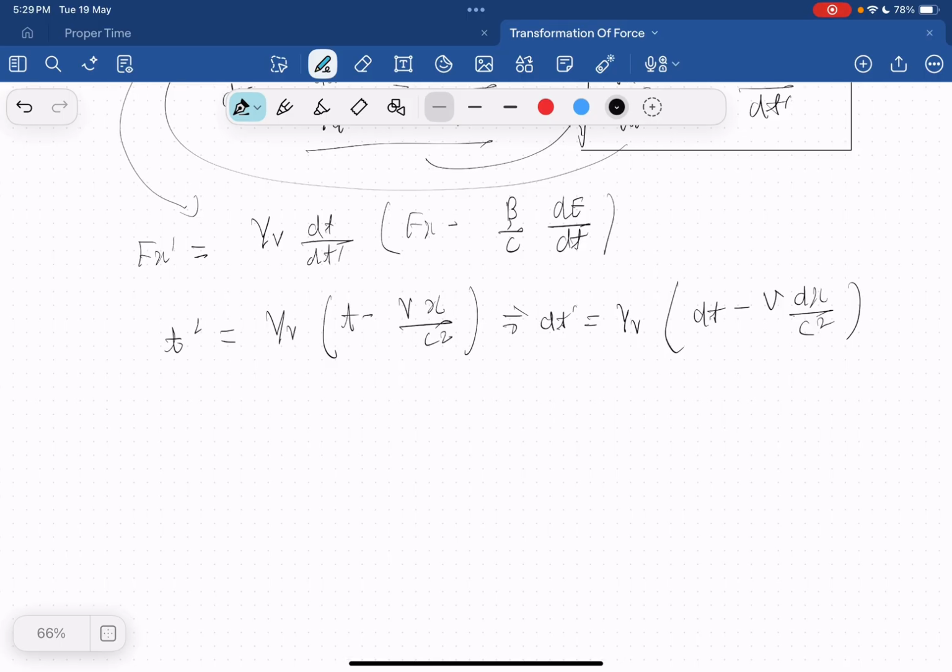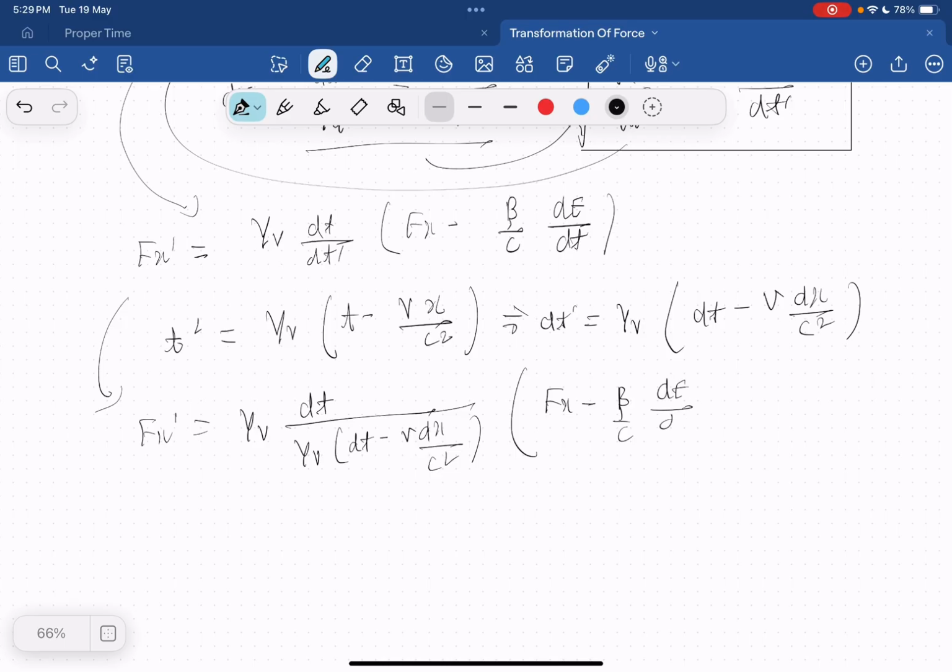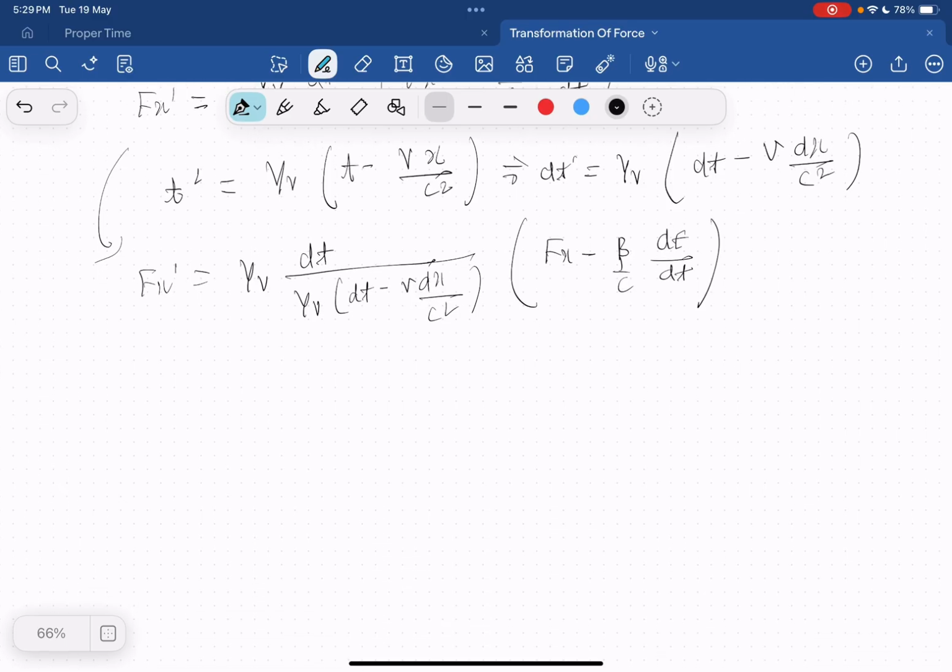So we can now write fx prime as gamma v dt by gamma v dt minus v dx by c square, times fx minus beta by c dE by dt.